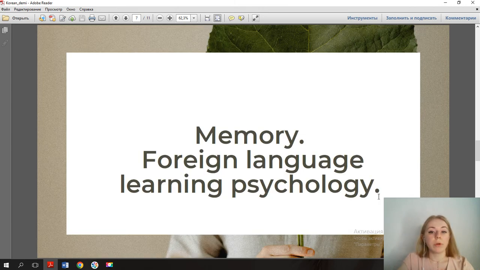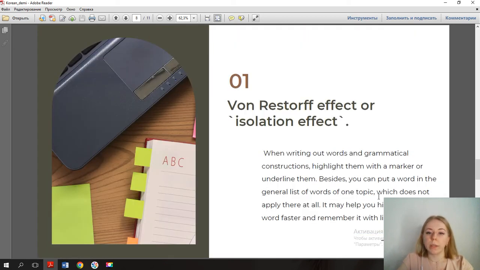Okay, memory for language learning psychology. It's about memory. The first point is the von Restorff effect, or isolation effect. Von Restorff was a man who invented this effect.